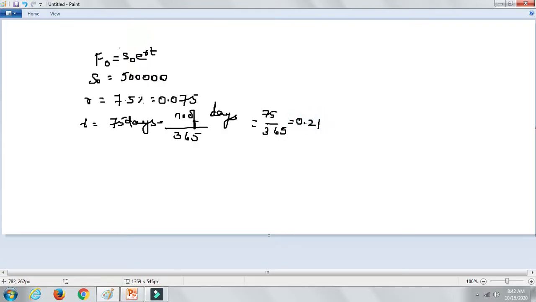Now what you're going to do is substitute in the formula. Okay, this is all the information. Now you are going to substitute in the formula.